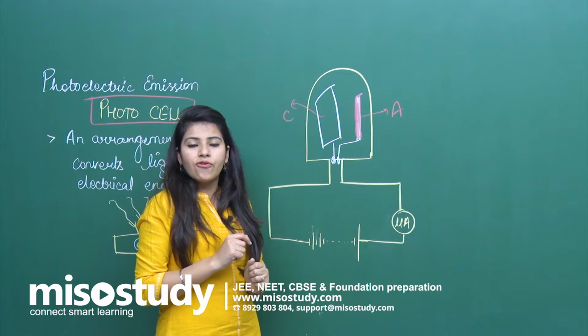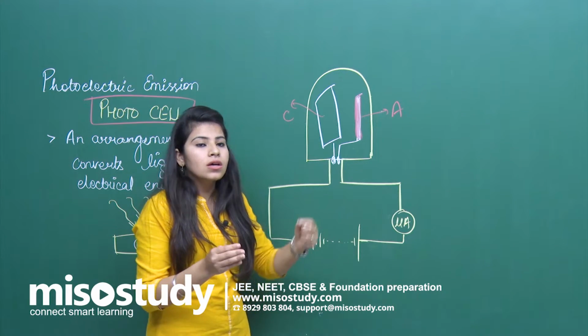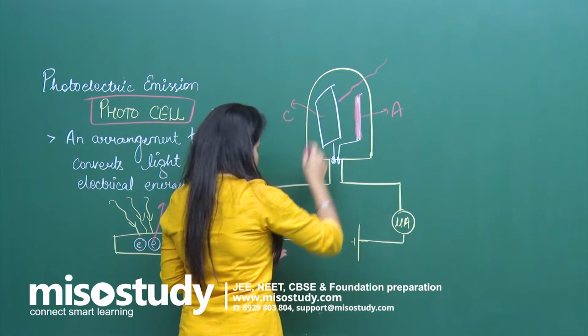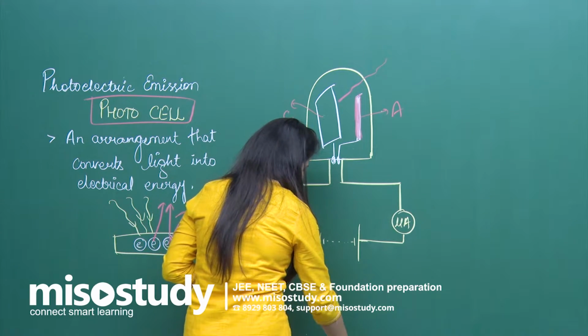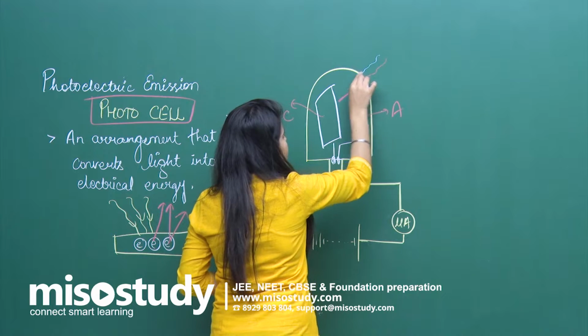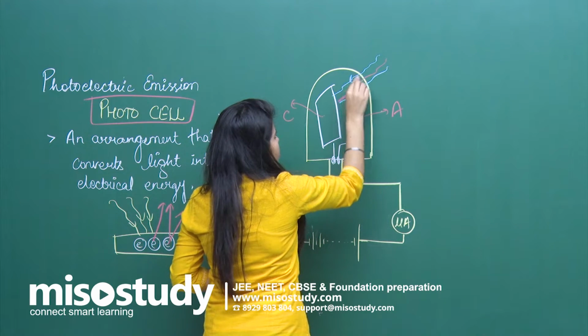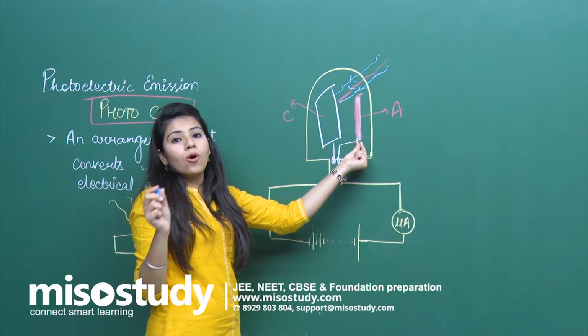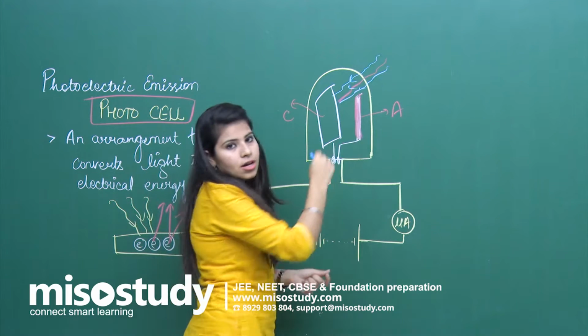Why is it made in the form of a wire? Because we want the light to fall upon this surface like this. The photons should not be obstructed by this anode.